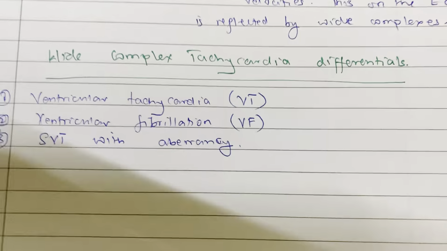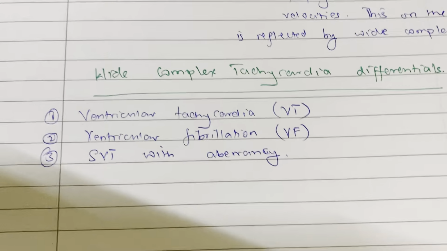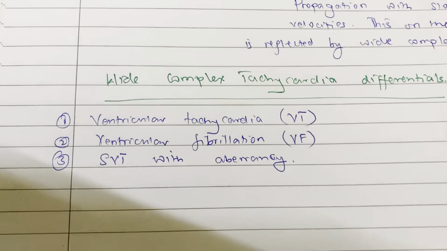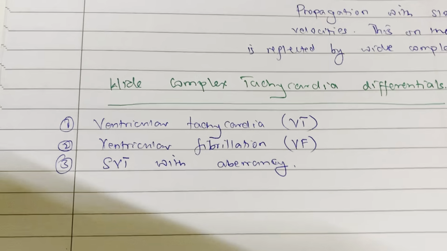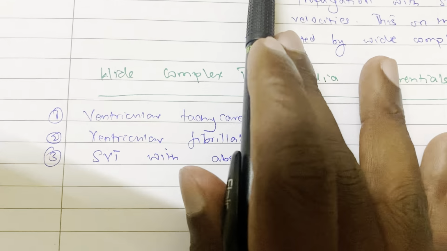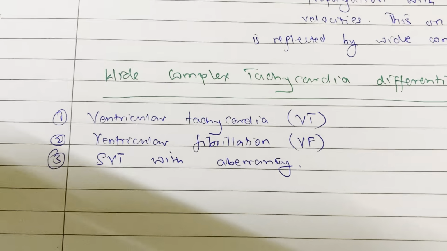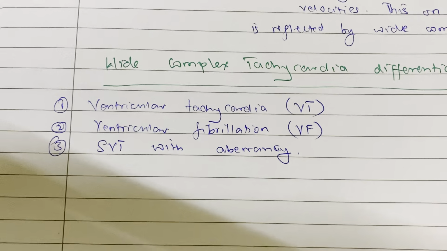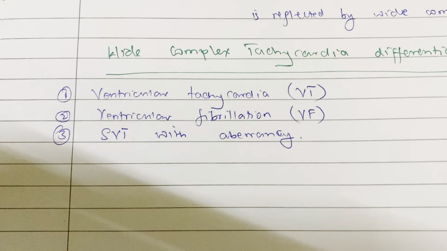Aberrancy is when the impulses pass through the normal conduction system but with delay. One, when there is right bundle branch block or left bundle branch block, impulses pass through the normal conduction system, but because of slow conduction here, because the branches are blocked, the way is blocked, they will delay.